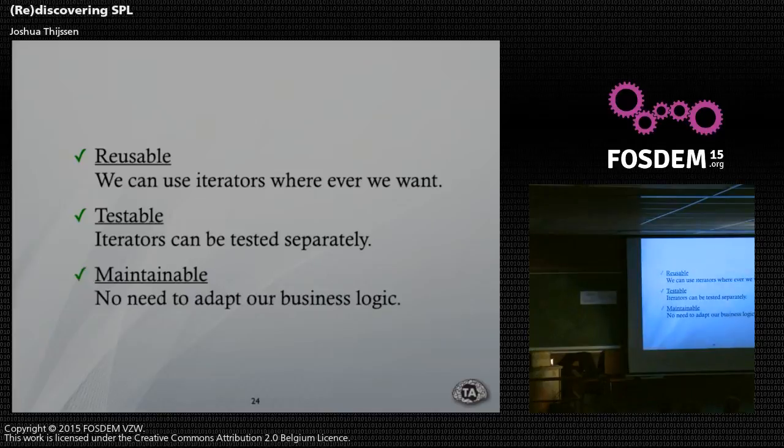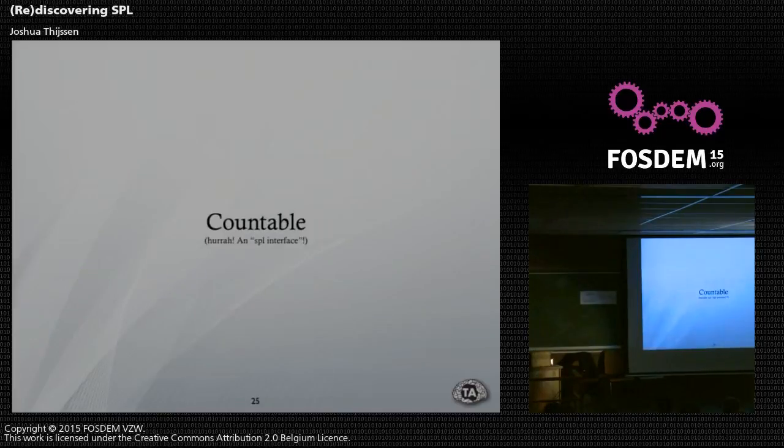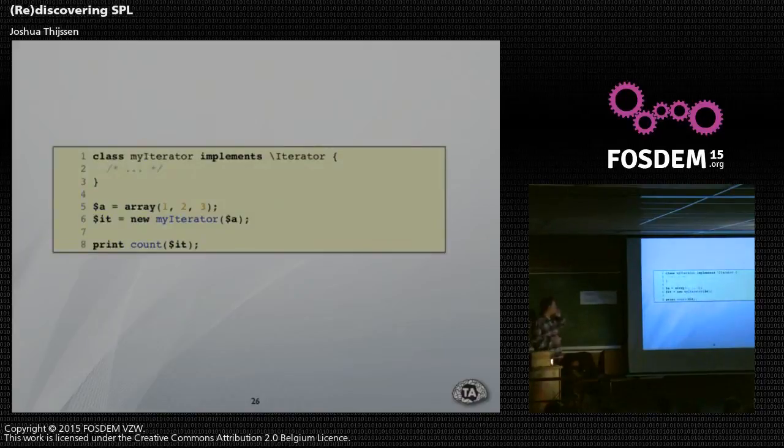Cool. Let's talk about Countable. This is really fun because this is the first official SPL interface that's on the website. The Countable interface works a bit like this. As an example, I have an iterator, and I leave out a bit of it, but it gets 3 elements, an array 1, 2, and 3, and then I'm going to say print count iterator.